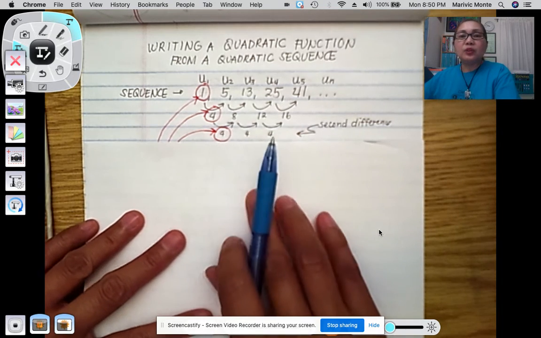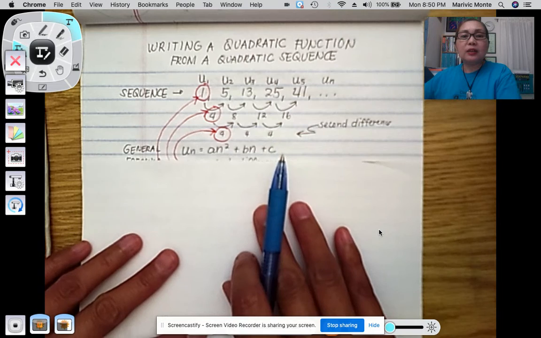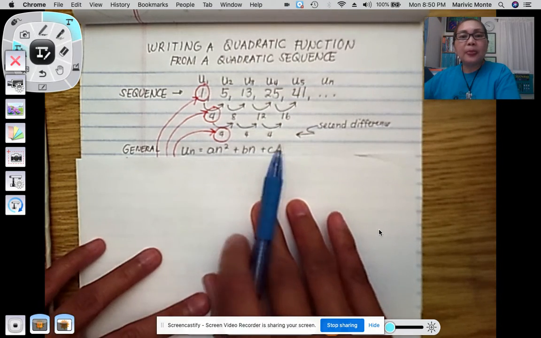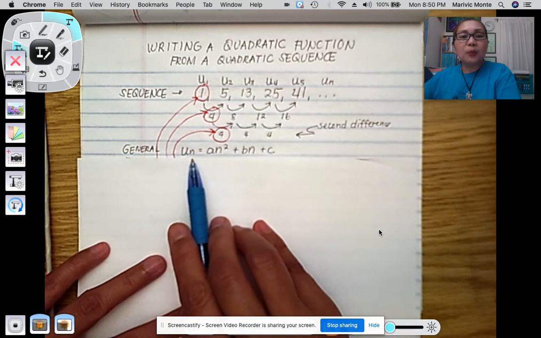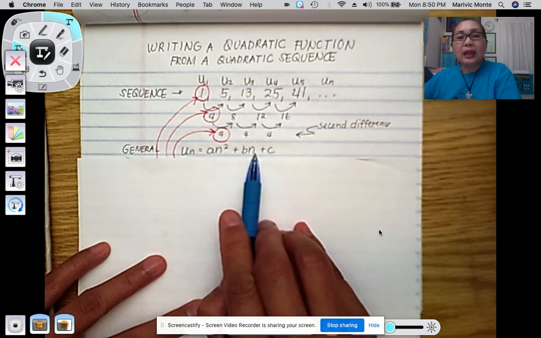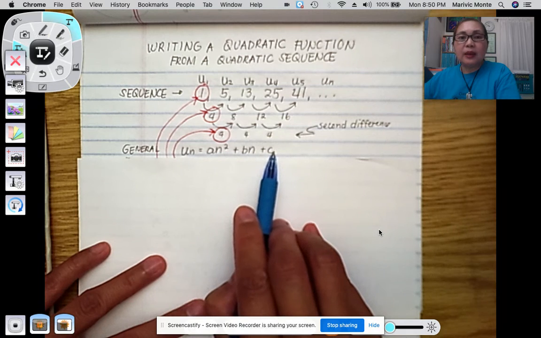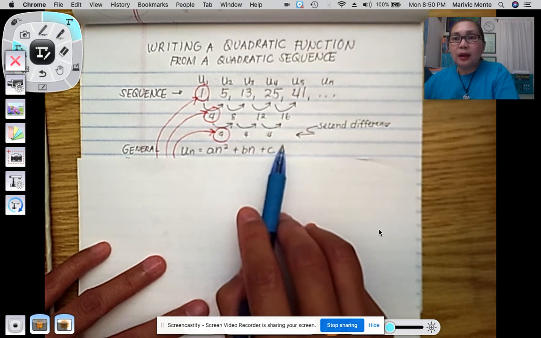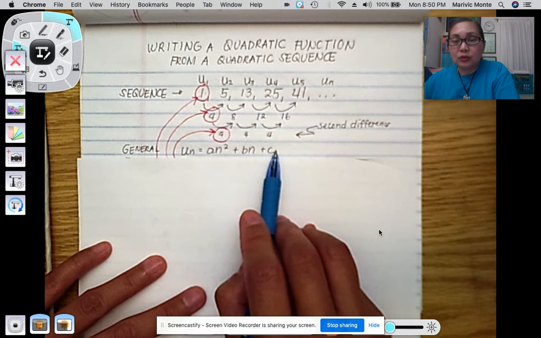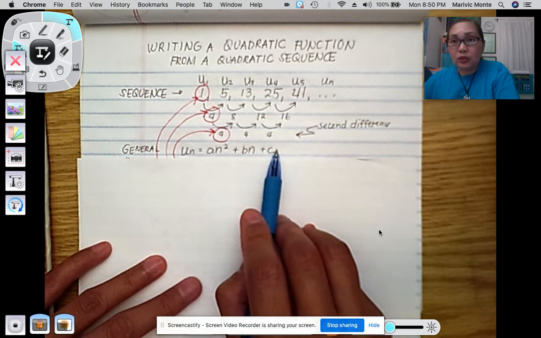After you've determined that it is quadratic, you can use a general formula that says u of n equals a n squared plus b times n plus c. Let me point out early in this video that this can be turned into the standard form of the quadratic function or quadratic equation.